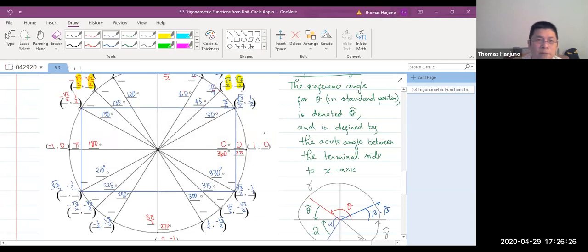Take a look. Notice that all the coordinates on this rectangle here must have the same or opposite x's and the same or opposite y's.